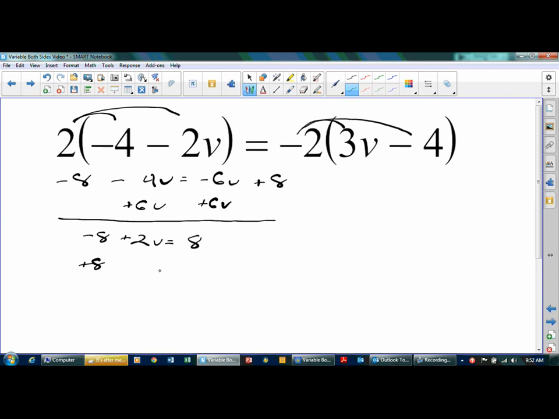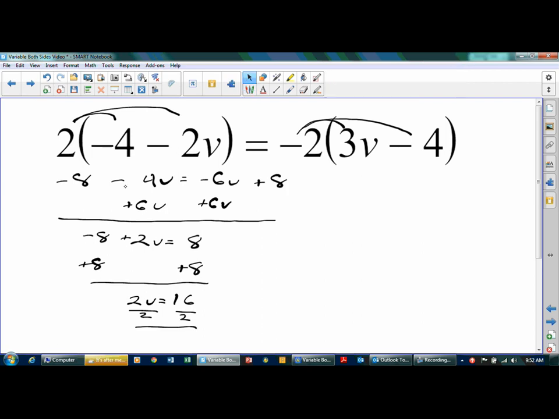Now we add 8. Since we moved the variable first, we have to move the constant second. Okay, and so we divide by 2, so we get v is 8.